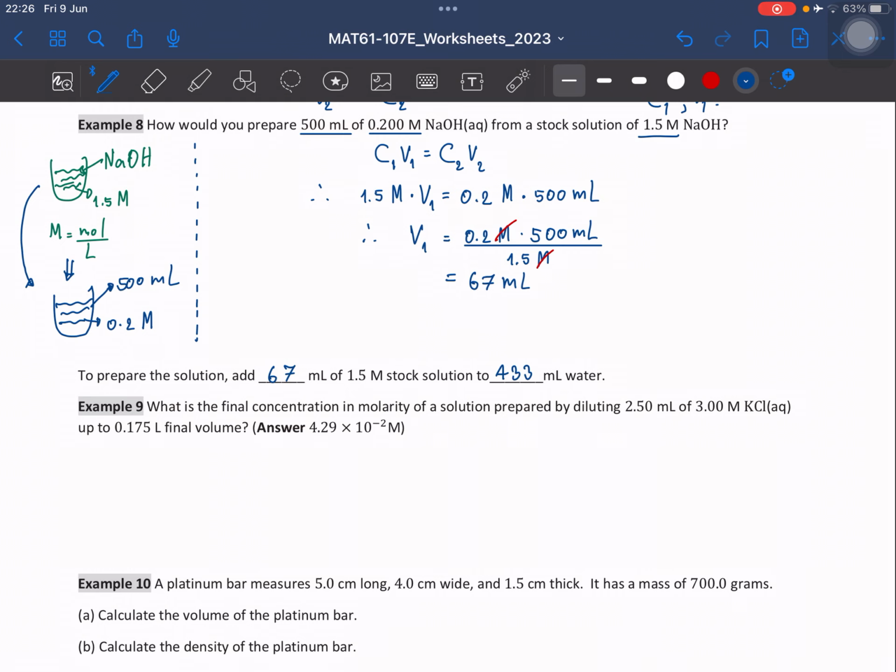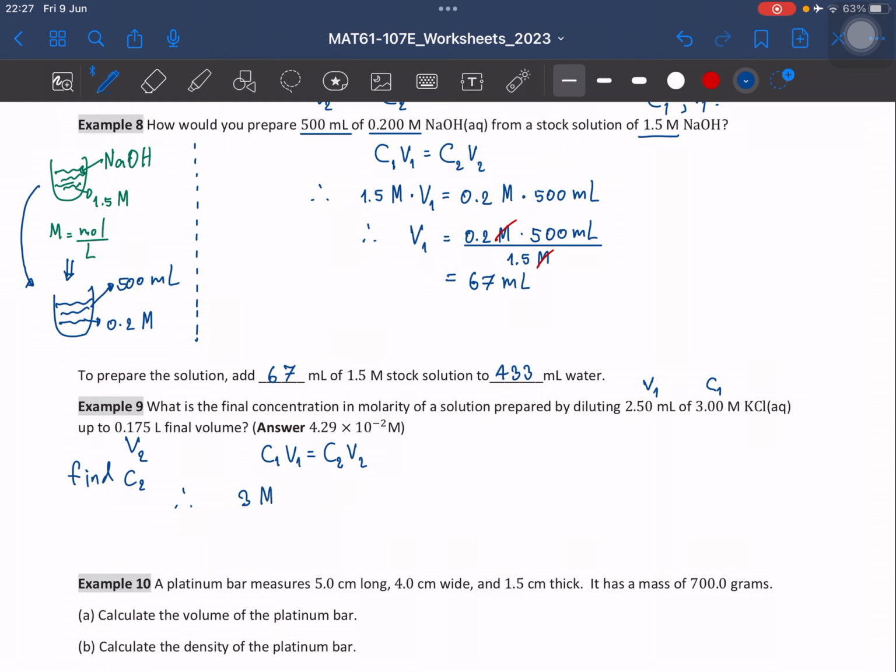So from the formula C1 V1 equal to C2 V2, what is C1 here? This is C1, this is V1, and this is V2. You want to find C2 because you want to know the final concentration.